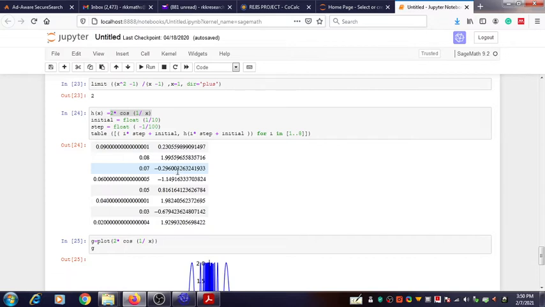By applying a single-step operation, you can easily obtain the limit if it exists. Let's try using the limit function.